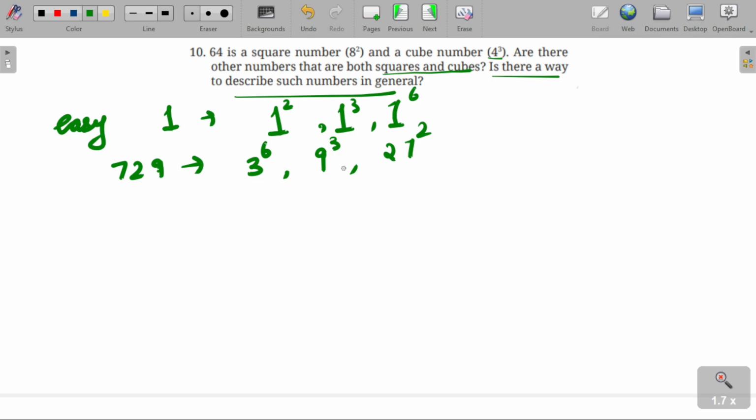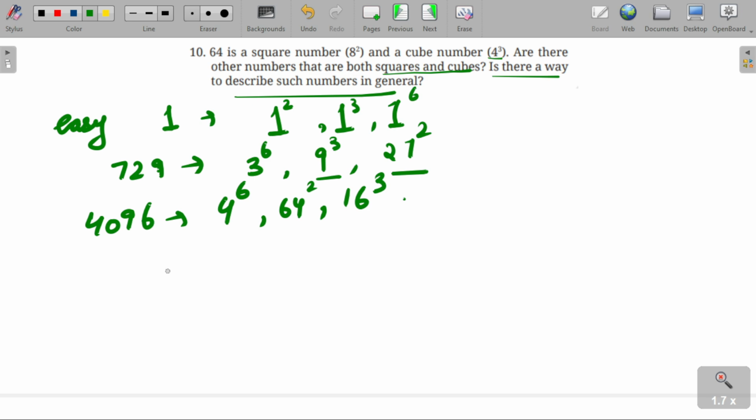It is a cube number and a square number also. 4096 is 4 raised to 6, 64 square and 16 cube. These are the numbers which are both square and cube.